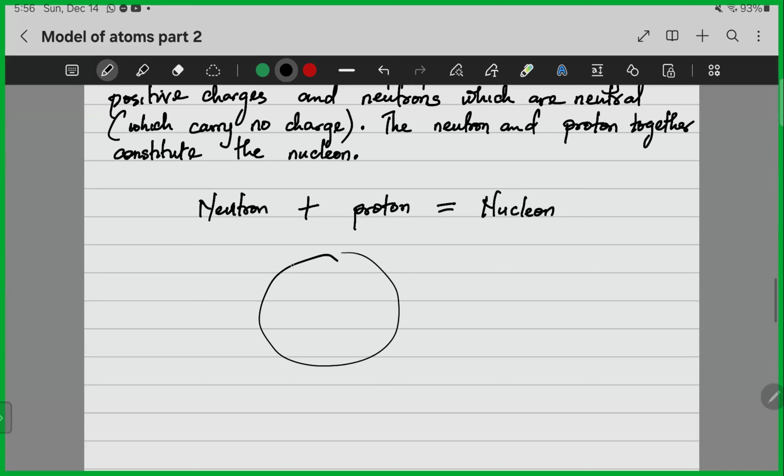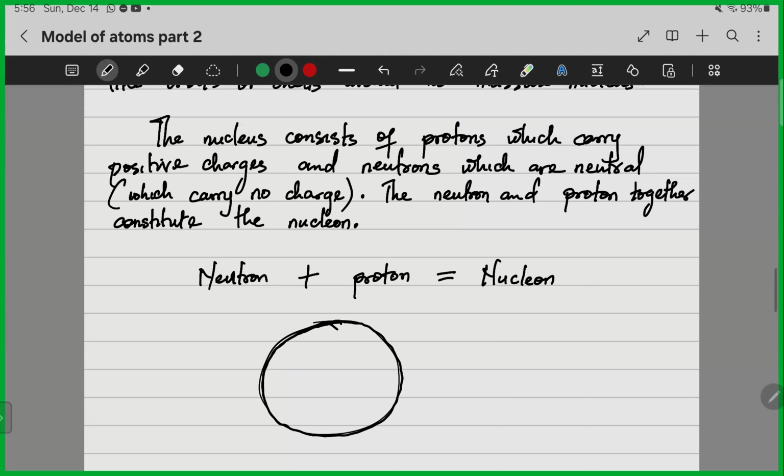You see that shell called the nucleus? It is more like what contains. It's like the house. So we're going to say the nucleus contains the nucleons.